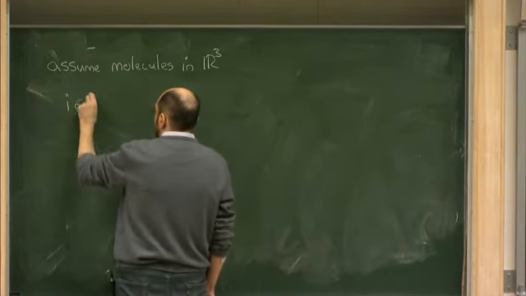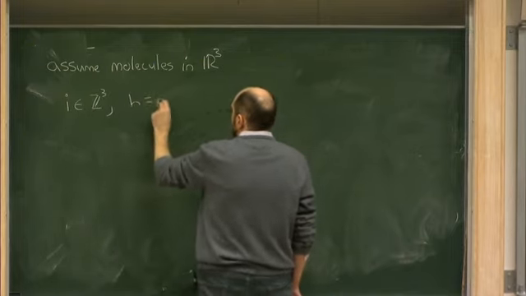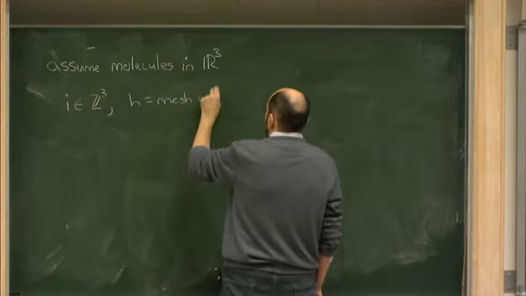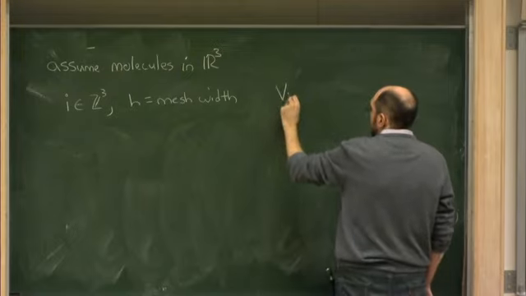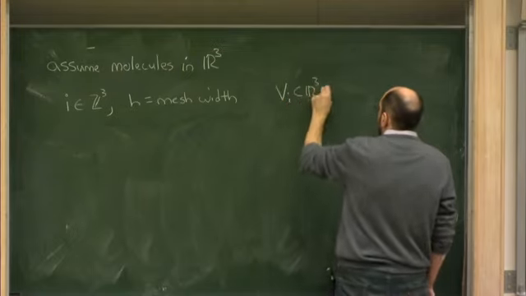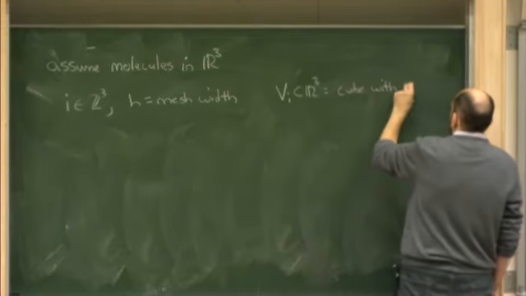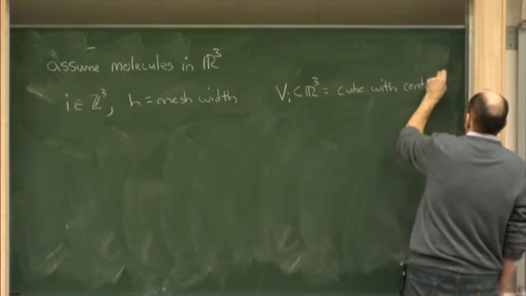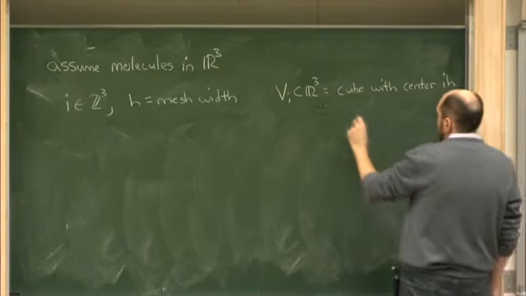So my lattice sites are just points on Z3. H is the mesh width. Vi in R3 will just equal the cube with center IH. Hopefully that makes sense to everyone. So it's the cube with center IH and width H.